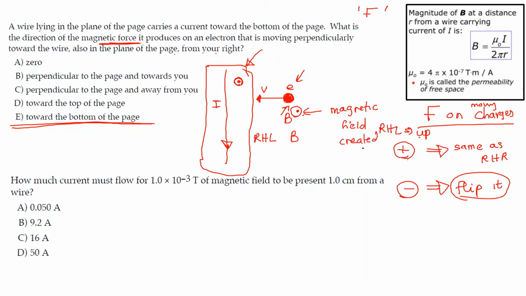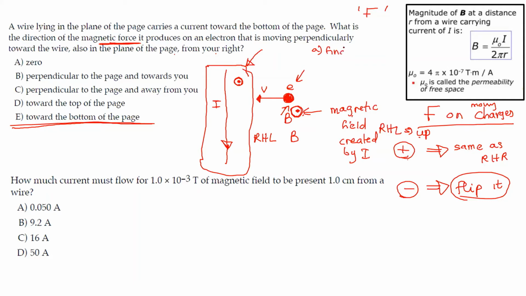This magnetic field was created by I. For that, we use the right hand rule we learned today. Here is my thumb pointing downwards, and the magnetic field produced is given by this direction.